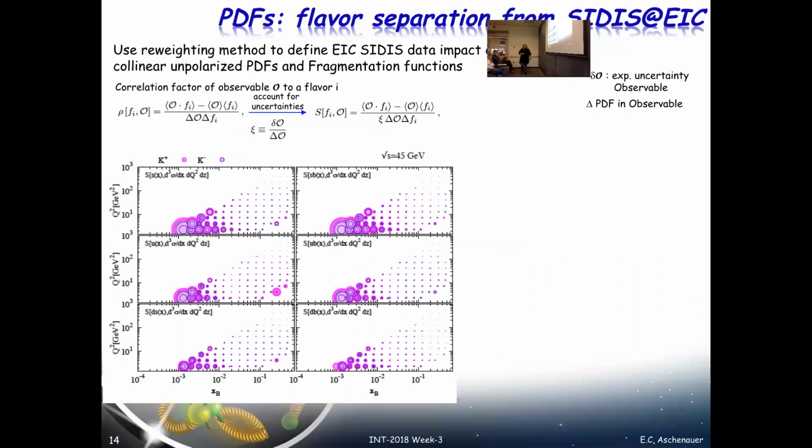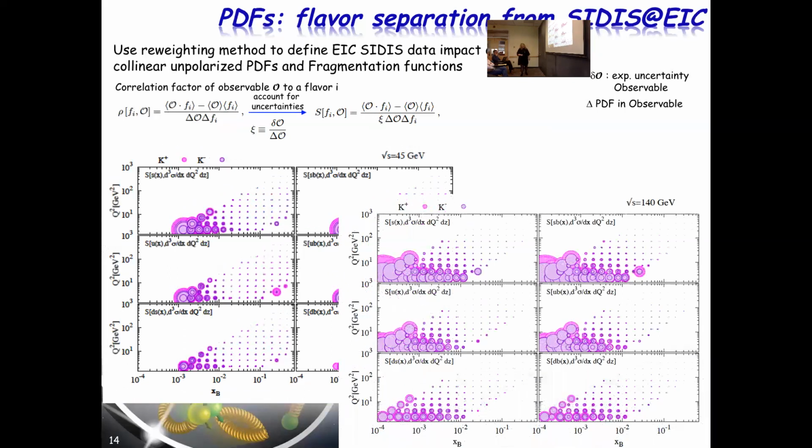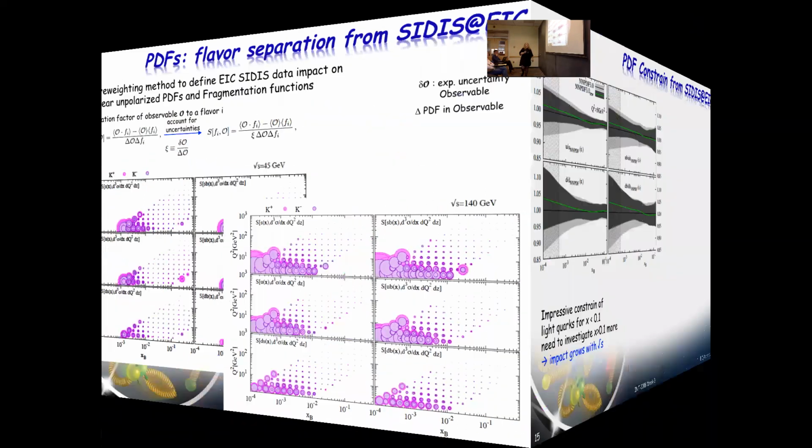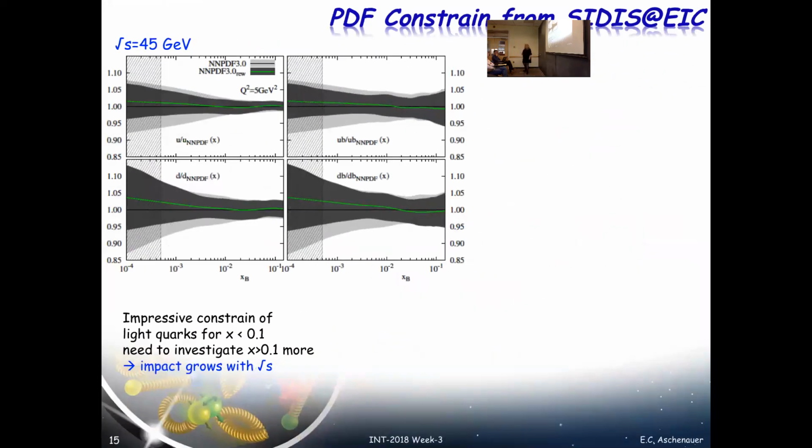The same for kaons. Of course, immediately you see the kaons make more impact on the strangeness. And the same for the 140. So you see big blobs at certain areas, which means big constraints. Of course, I can show this to you in a more digestible way. So that is actually really the fit.